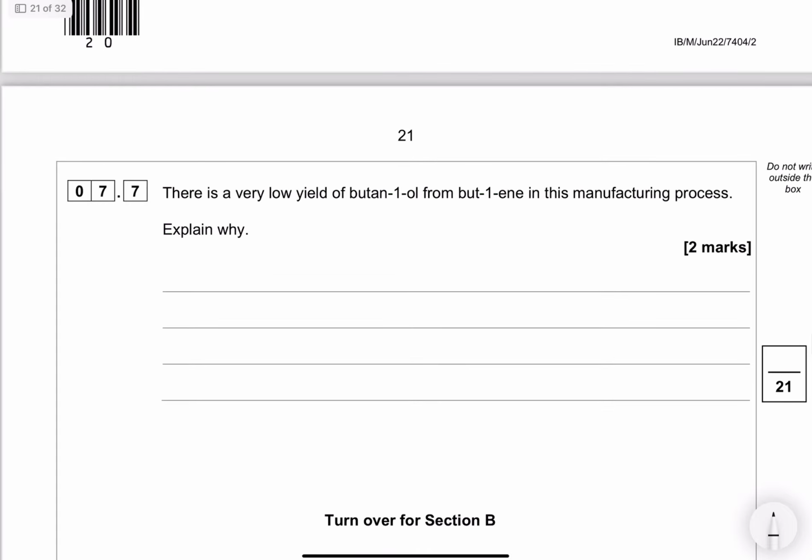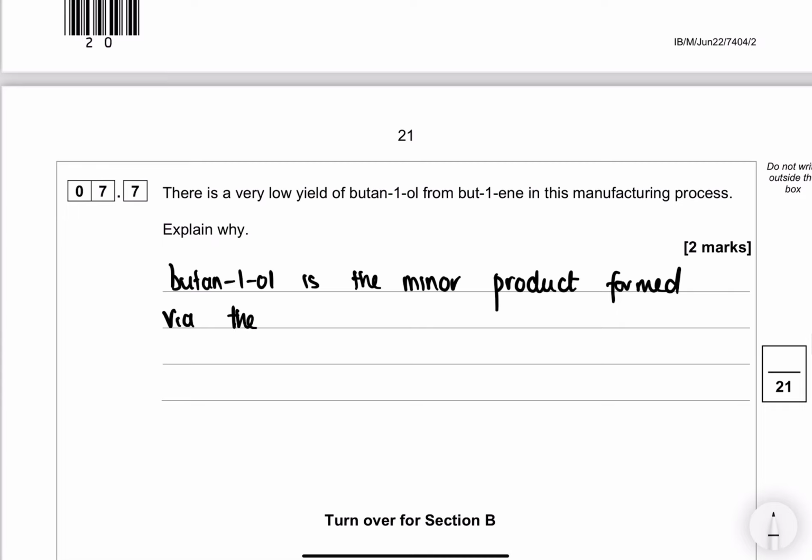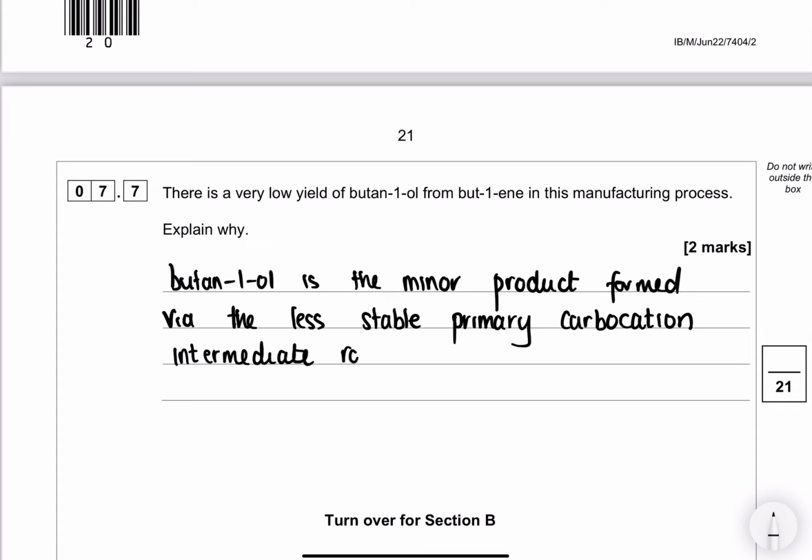So we'll just go: butan-1-ol is the minor product formed via the less stable primary carbocation intermediate rather than the secondary carbocation intermediate.